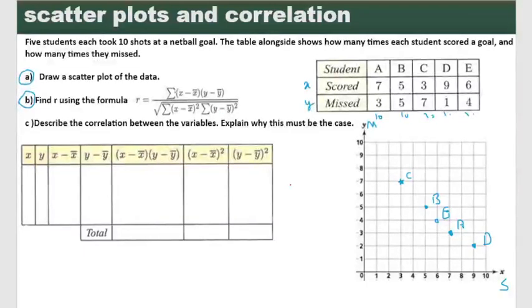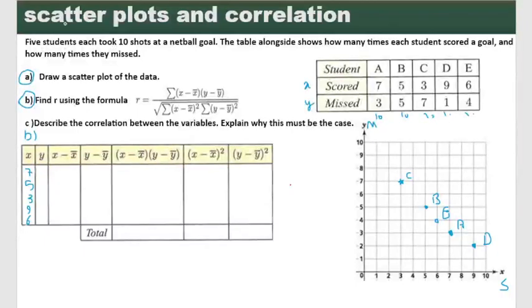So I will fill this table to find all the values I need to put in this formula to find R. First, I fill the first column with the values of X, which are 7, 5, 3, 9, and 6.